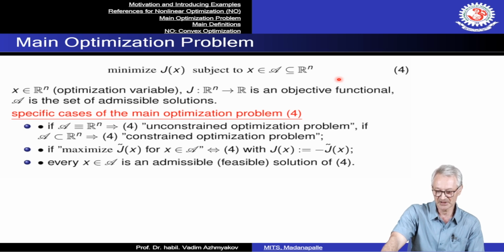And let me repeat the three main elements of the optimization problem. We have the optimization variable, in this case variable x. We have the functional, we call it the cost functional or objective functional, and we have restrictions given by some inclusions in the general case.